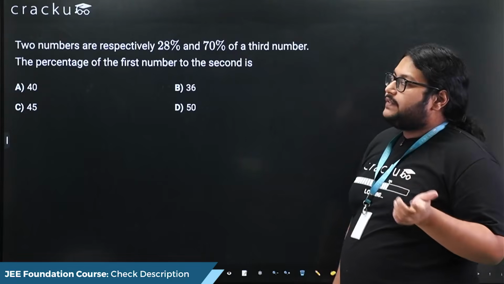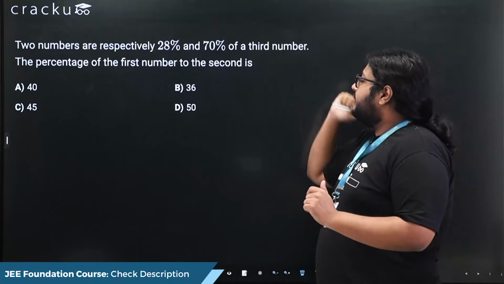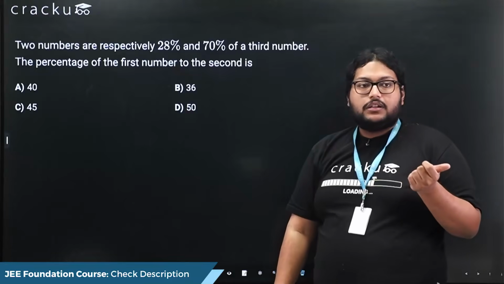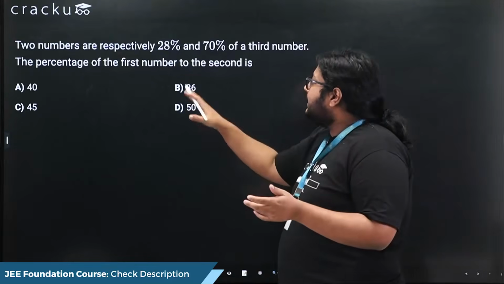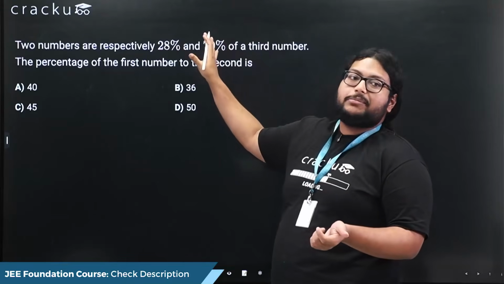In this question, we are told that two numbers are respectively 28% and 70% of a third number. The percentage of the first number to the second is? So one number is 28% of the third, and the second is 70% of the third.